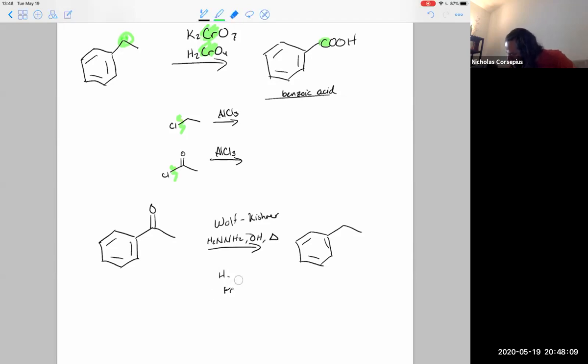Let me just show you guys what this thing looks like so it makes a little bit more sense. You may have seen it written N2H4 or H2N NH2, but that's this compound here.